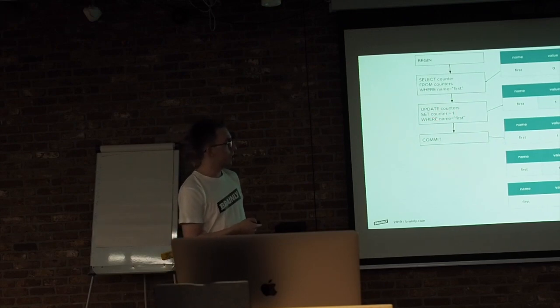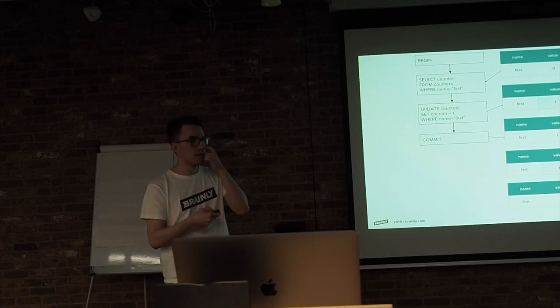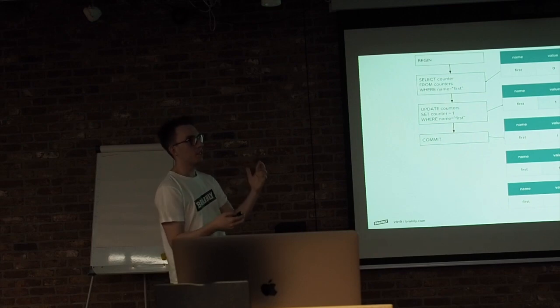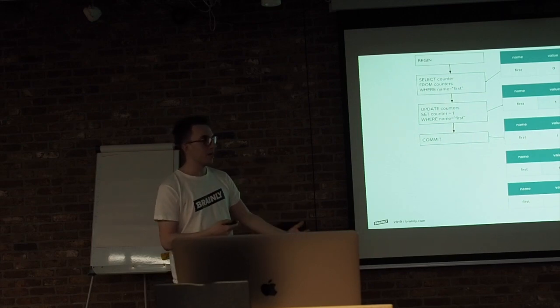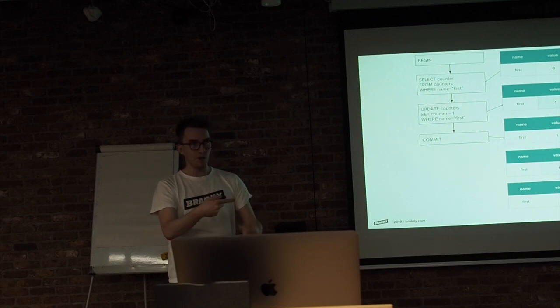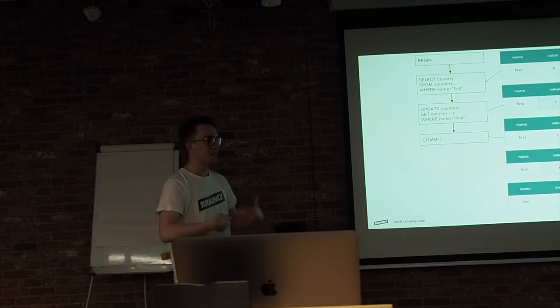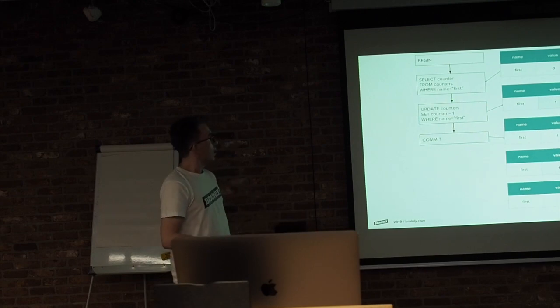And the second transaction does actually the same thing. So each transaction is an increment of the counter, but not an increment in the database, but in the application: you read the value, increment, and write. So we have two increments run in parallel.